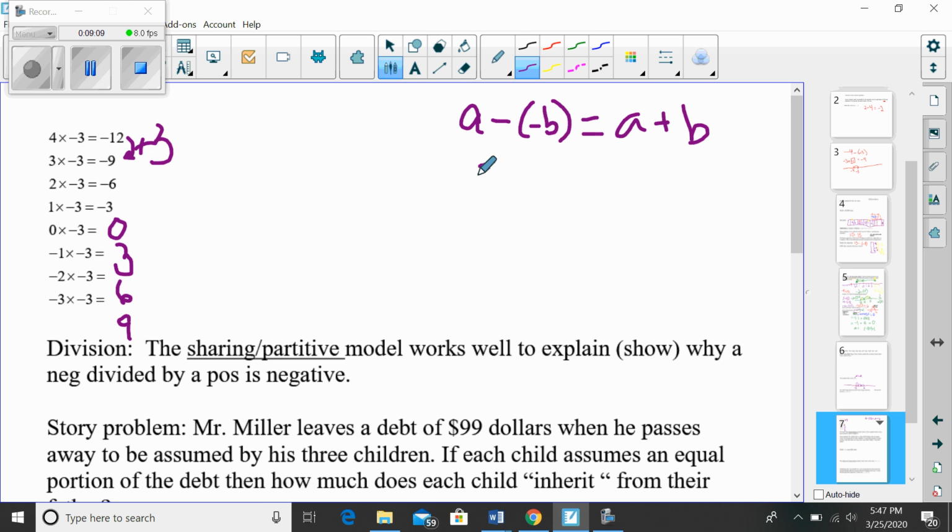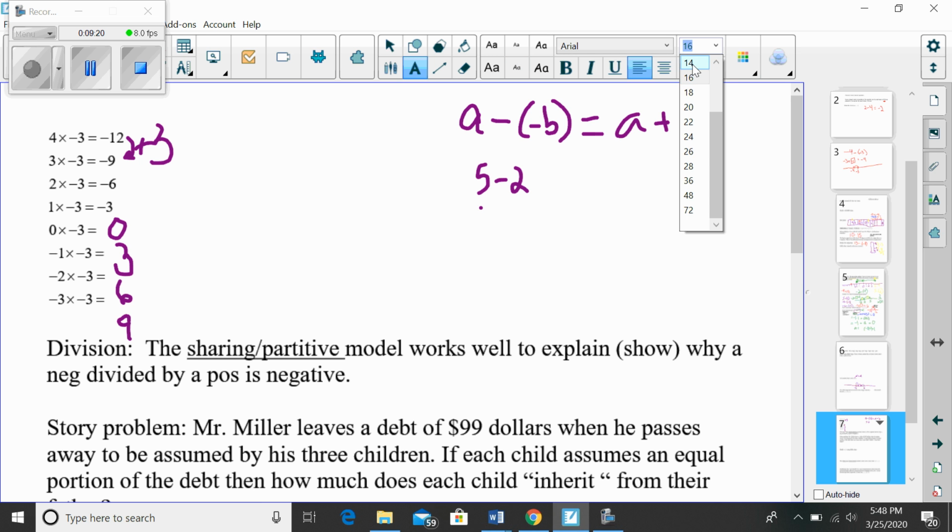So if I were to start off like this and I keep on subtracting 2, and you know what? How about I switch to a text box? Because that I can type easier and faster.